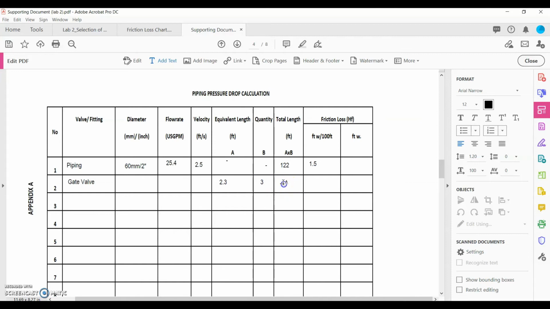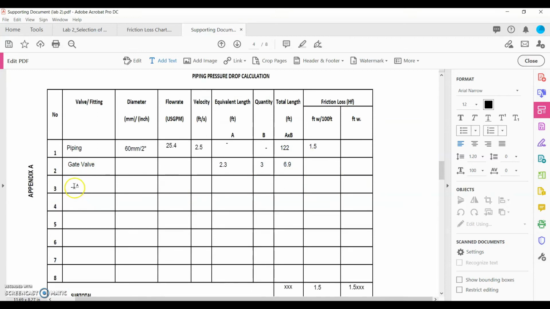So for total length, this one times this one, A times B, is 6.9. And then for friction loss, feet water per 100 feet, no need to put anything here. This one is just empty. Leave it blank.